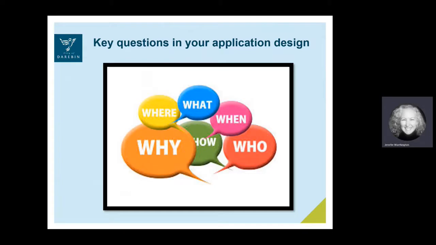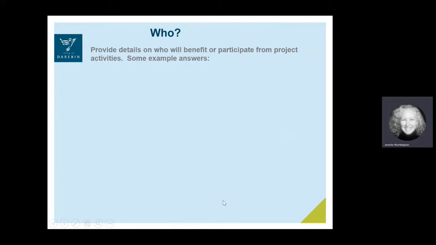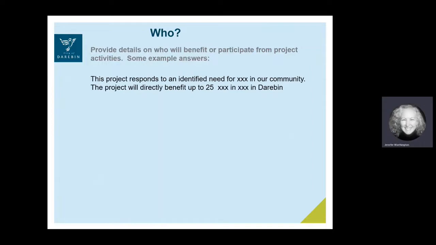So when you're writing your grant application, think about the core questions of the who, what, where, why, and when. So with the who, give us some details of who's going to benefit from this project. So the project responds to an identified need for a group of people in our community.